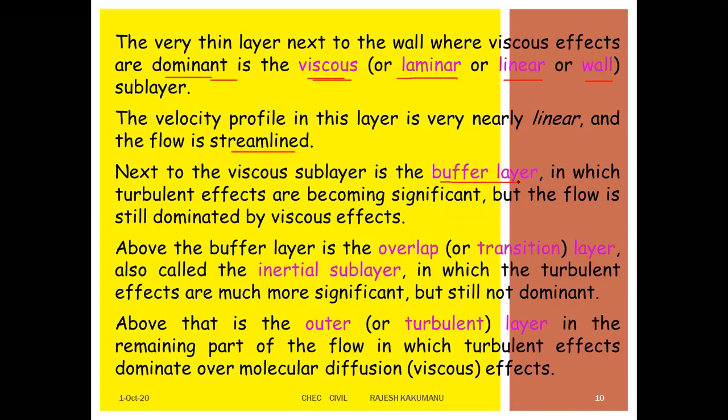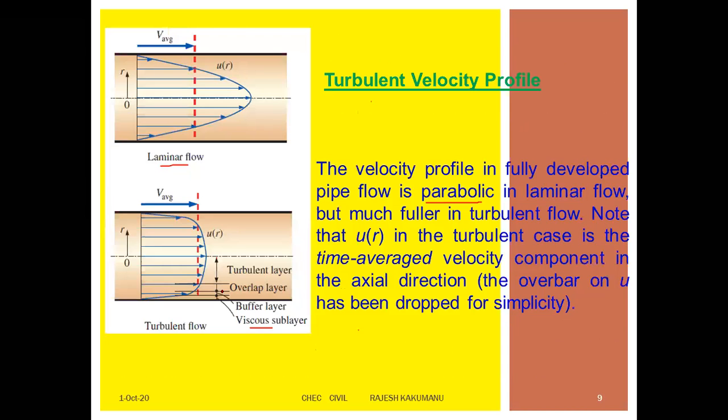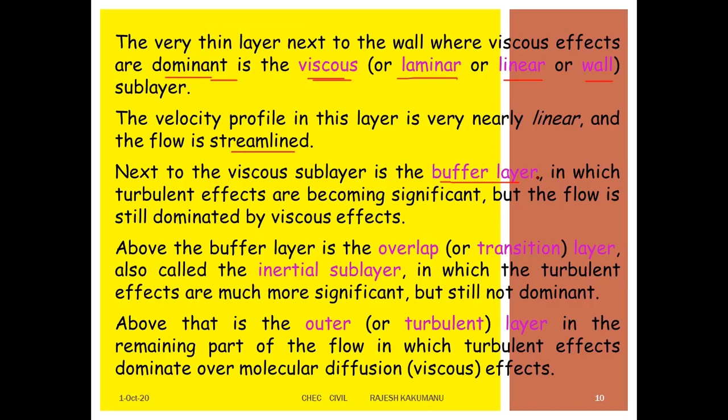So what is being said here is that in this small buffer layer, it is converting from the viscous layer to the turbulent layer, but still acting in the form of a viscous layer only, right? The turbulence effects are becoming significant, and there are more chances of change here, so it is becoming a turbulent buffer layer but still dominated by the viscous effects, right?